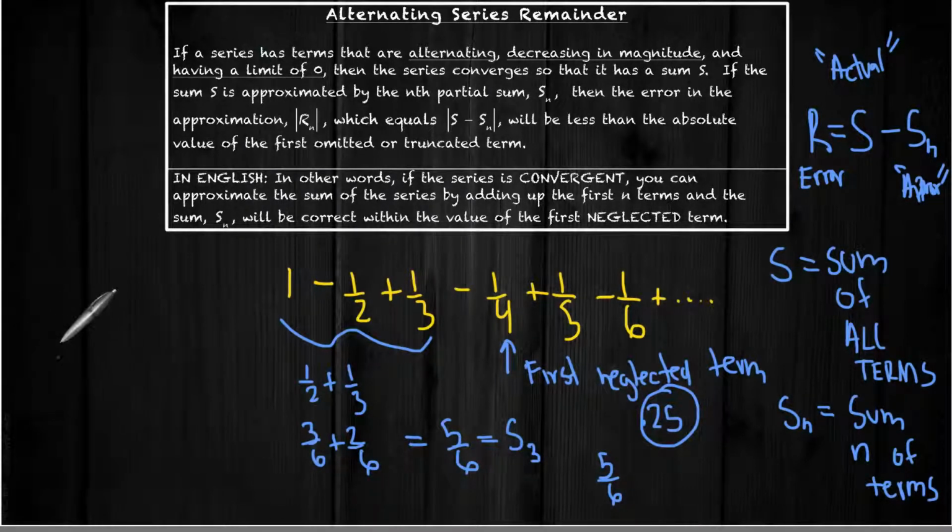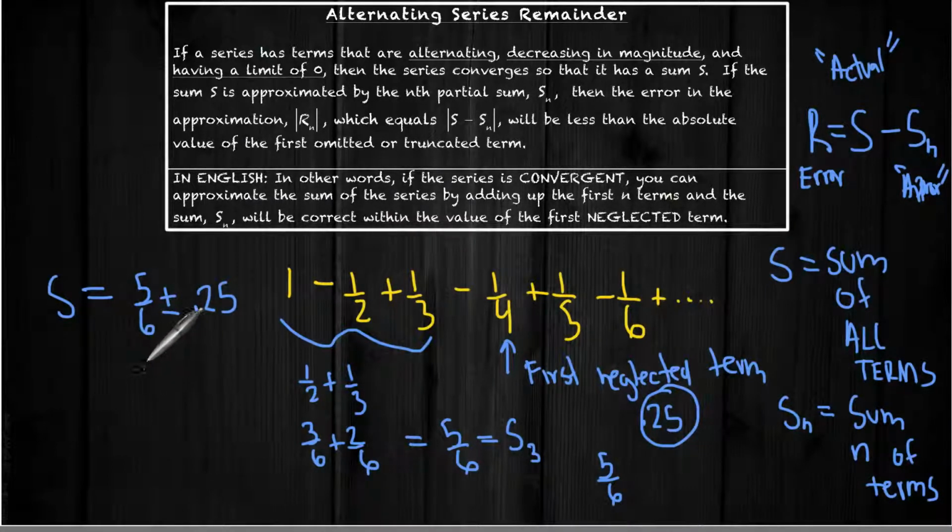So we'll come over here and we'll say the real sum, S, is equal to our approximation, which is 5/6, plus or minus 0.25, or 1/4. So if you add 1/4 to 5/6, or if you subtract 1/4 from 5/6, the real sum is going to be guaranteed to be somewhere in that window.